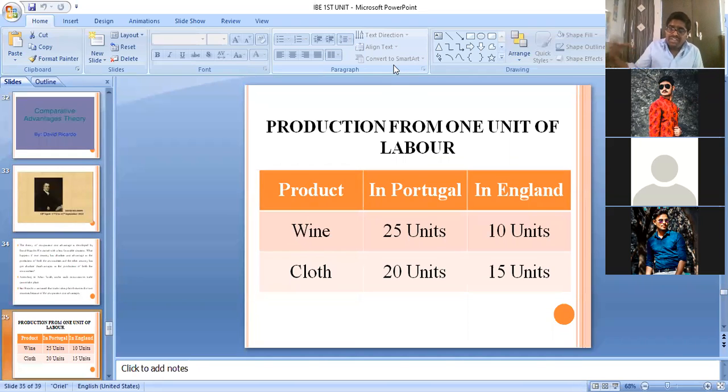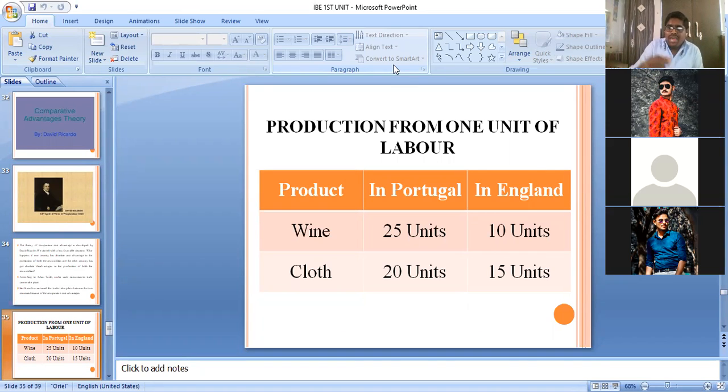But when we look at England, they have the disadvantage. One labor produces 10 units of wine and only 15 units of cloth. David Ricardo said that if one country has advantages and the other has disadvantages, by Adam Smith's view trade cannot take place.